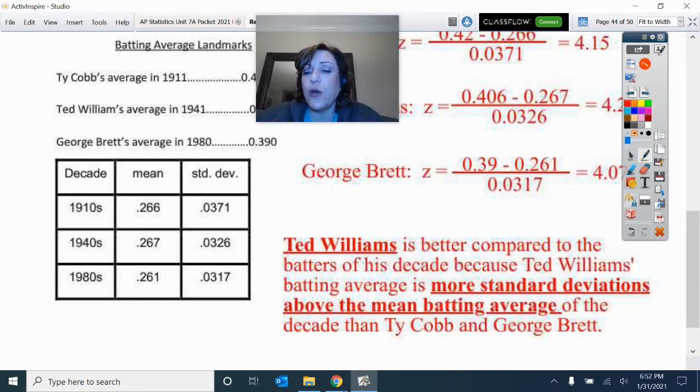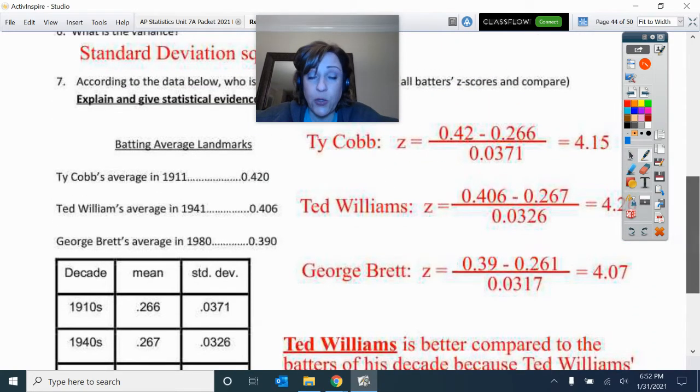Okay. So to compare the batters from different decades, we had to compare them to the people of their time. Here we had Ty Cobb, and this is his X value from 1911.